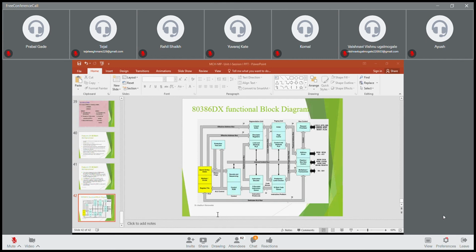Now, the instruction pointer is a 32-bit register, called the EIP for the 386 processor, that is the extended instruction pointer. What is the function of this? The instruction pointer holds the offset address within the segment of the next instruction which is to be executed.